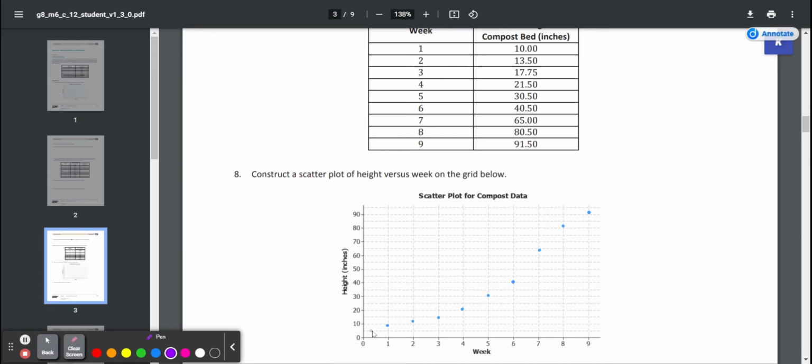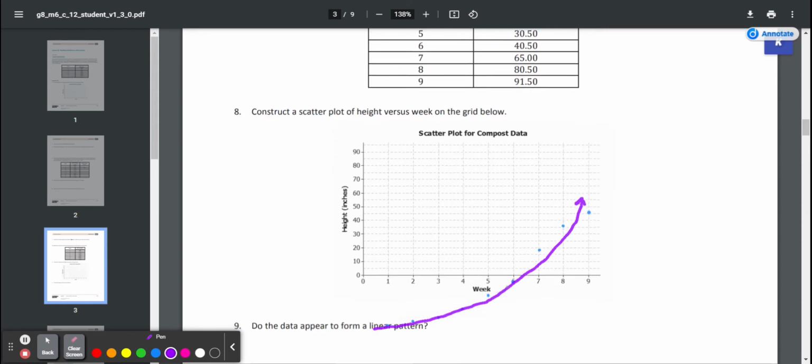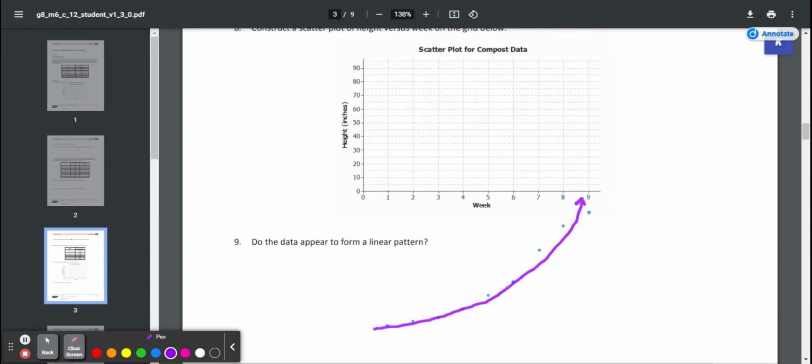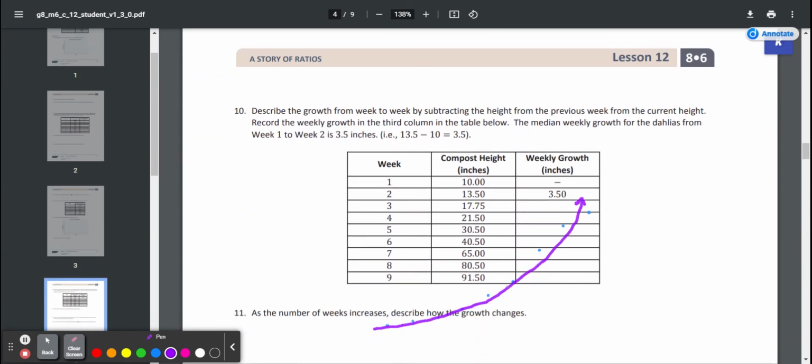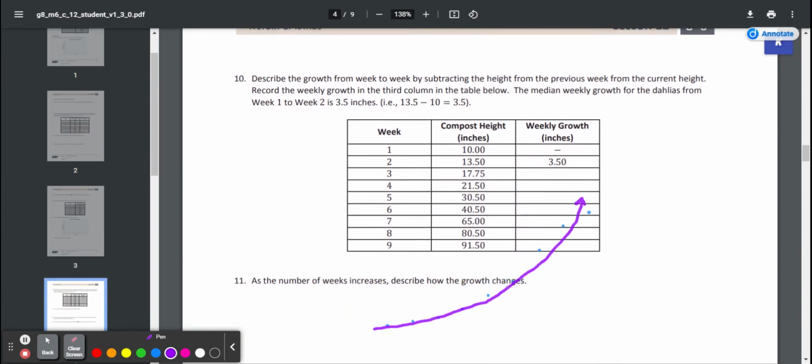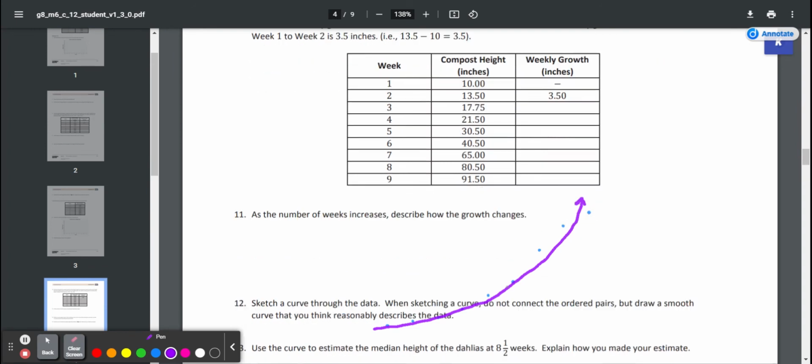This is not perfect, but we would estimate this to curve upwards, kind of like that. Now I'm going to scroll down here. Is it linear? No, it's not. If we describe how it is increasing or decreasing, we're going to come back to this question.